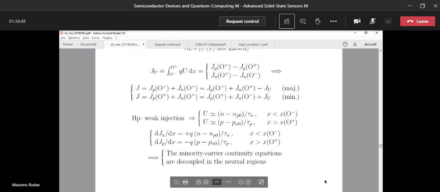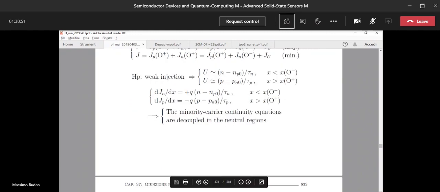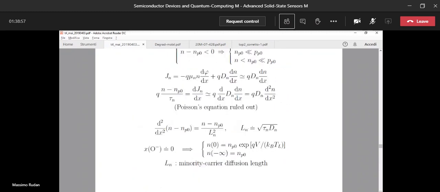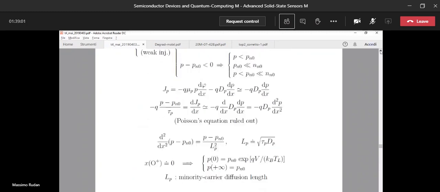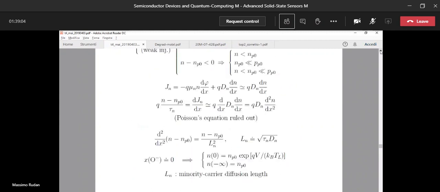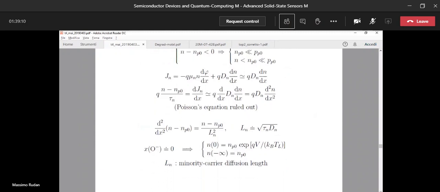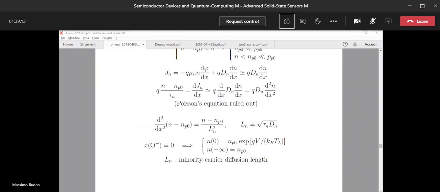So we put these two equations together, so that we have the net recombination term approximated with the weak injection condition equal, you remember, to the derivative of Jn with respect to x.